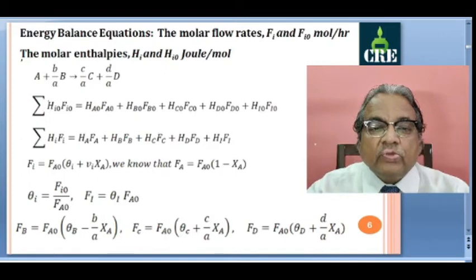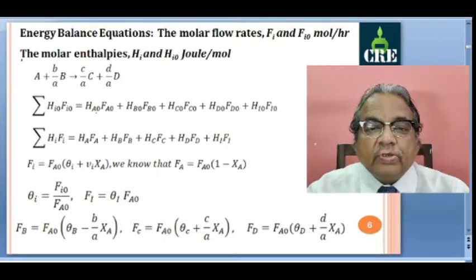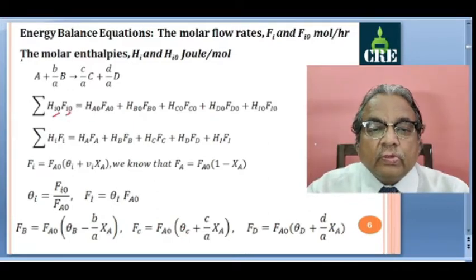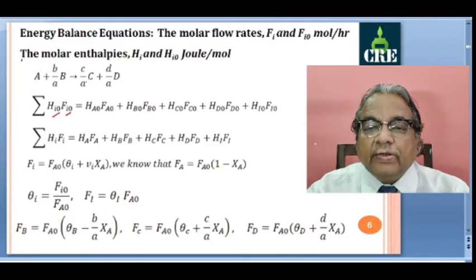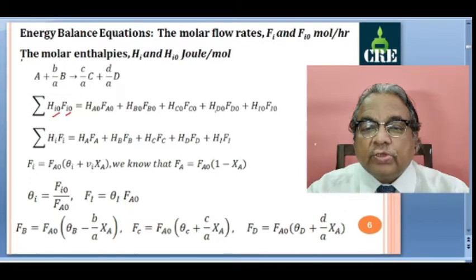Now the summation of this energy term, joules per hour, energy per unit time, Hi0 into Fi0, can be written with I as a counter, you can say, for A, B, C, D, and inerts, if inerts are there, capital I. So Ha0 Fa0 plus Fb0 Hb0 plus Fc0 Hc0 plus Fd0 Hd0 plus Fi0 Hi0.